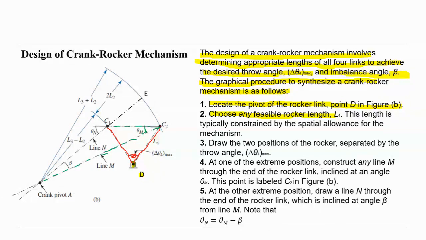And this is our line M, through the end of the rocker link and inclined at any angle theta M. This point is labeled C2 in figure B. You see here, this is the C2.